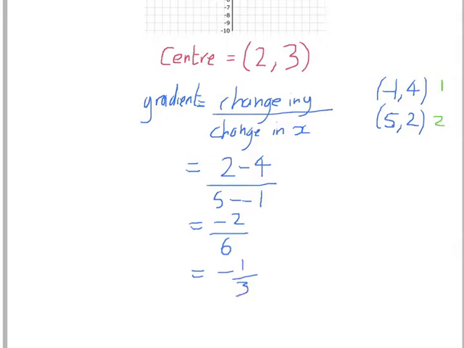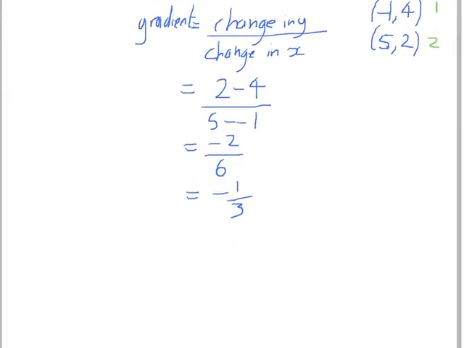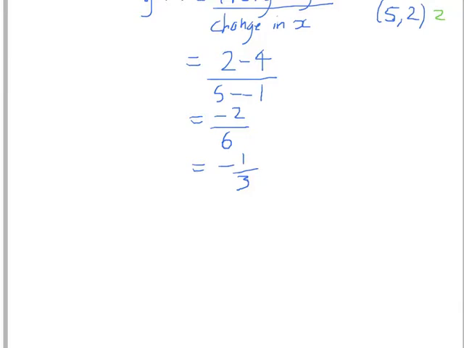Now if you think back to what you learnt in Core 1, you learnt that the gradient of two perpendicular lines, their product is always equal to -1. So the gradients of two perpendicular lines multiplied together is equal to -1. Remember, this is from Core 1. So if you can't remember that skill, just go back and watch the video from Core 1 on perpendicular lines.